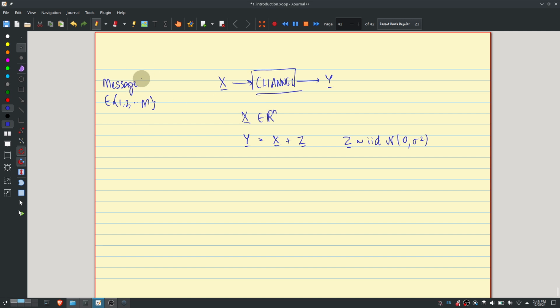Okay. Now you don't want to be transmitting the message as it is. That's not particularly helpful. But instead you want to encode the message into this vector which I call the code word.